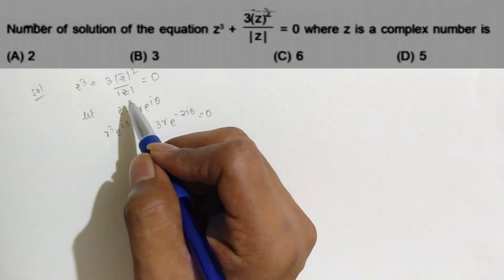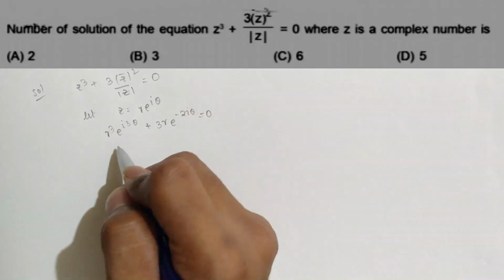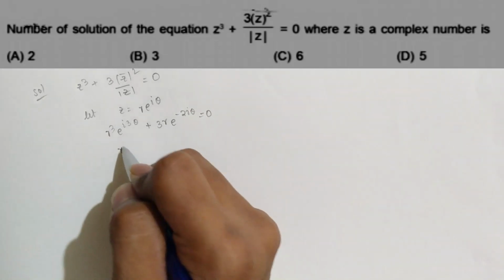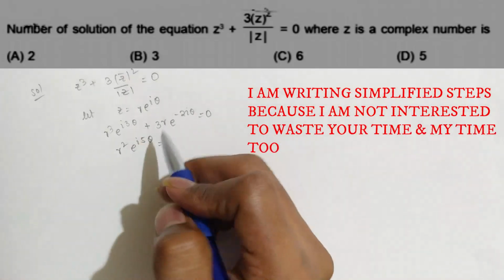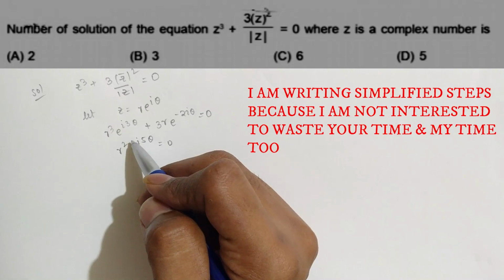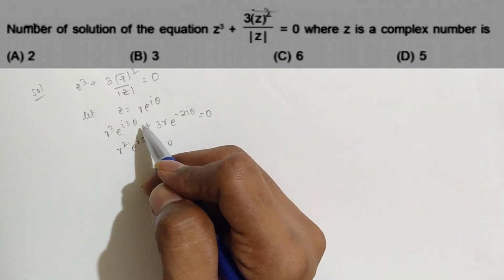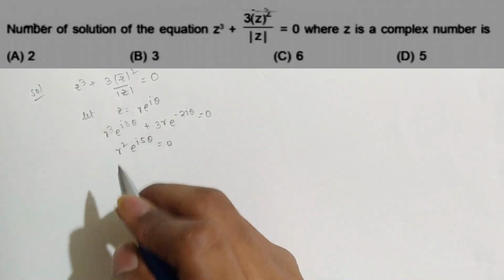As mod z cannot be equal to 0, r is not equal to 0, so we can cancel r and we will arrive at e power i 5 theta, because when we take it this side and again if we take it into the denominator, if it comes to the numerator, we will get e power i 5 theta.